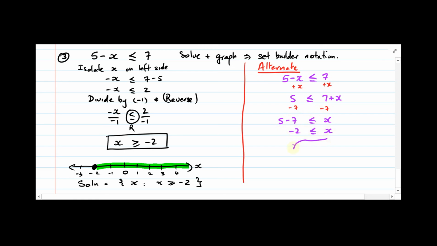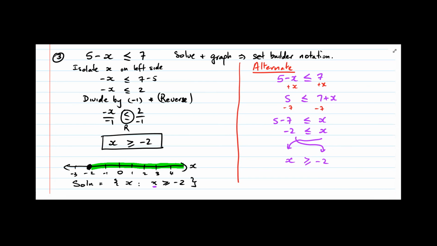Especially when we are ready to write anything in set builder notation, we like to declare it as x, what's going on with x, especially in these simple cases. So switching the left and right hand side, recall that the inequality is reversed.